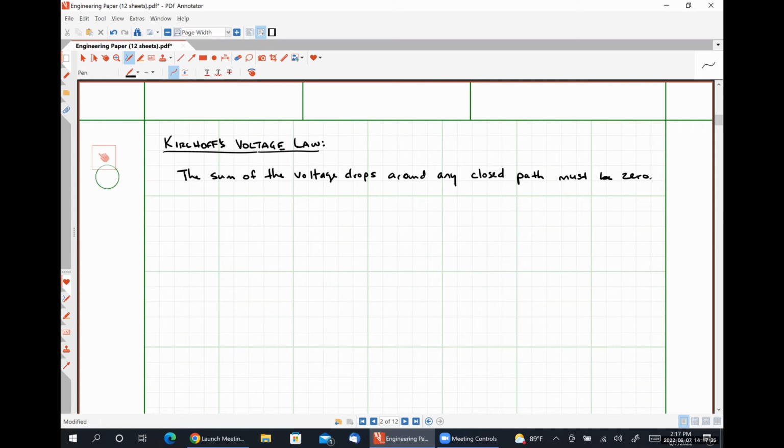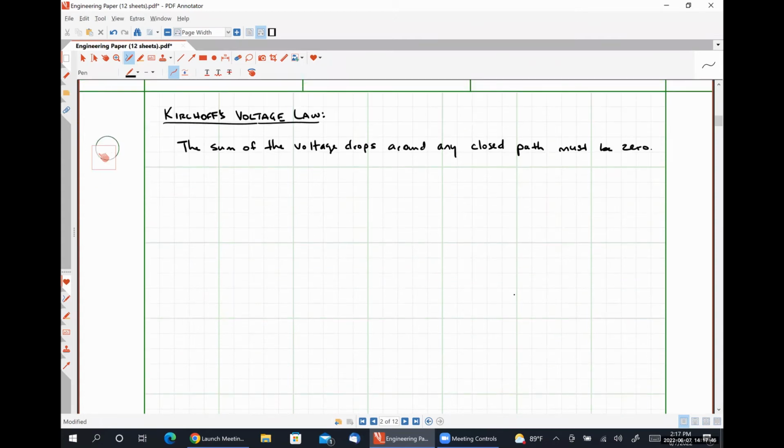So we can put Kirchhoff's voltage law into practice to determine unknown voltages in a circuit. So let's say that we have the following circuit where we have a 10-volt source like so.